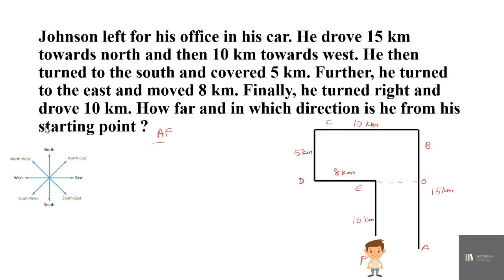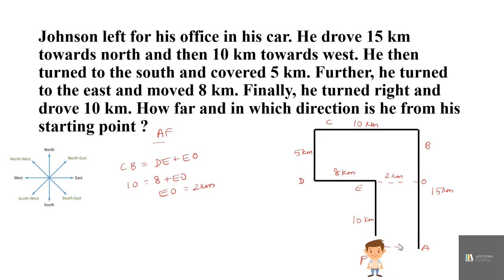Consider this point as O. From the figure, we can say that CB is equal to DE plus EO. So 10 is equal to 8 plus EO and EO is equal to 2 kilometers.